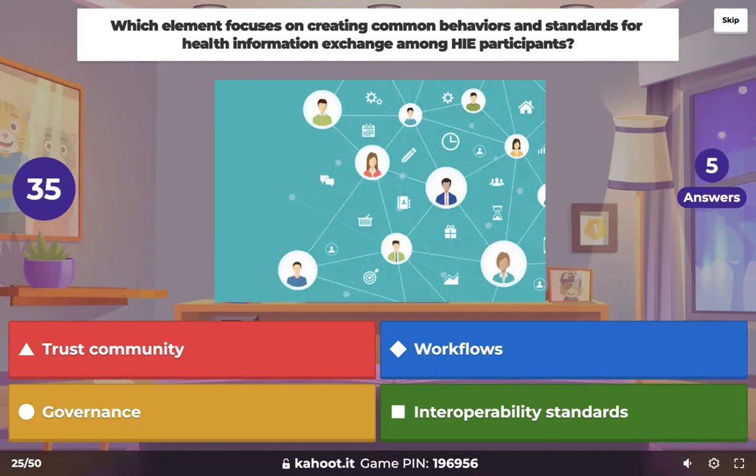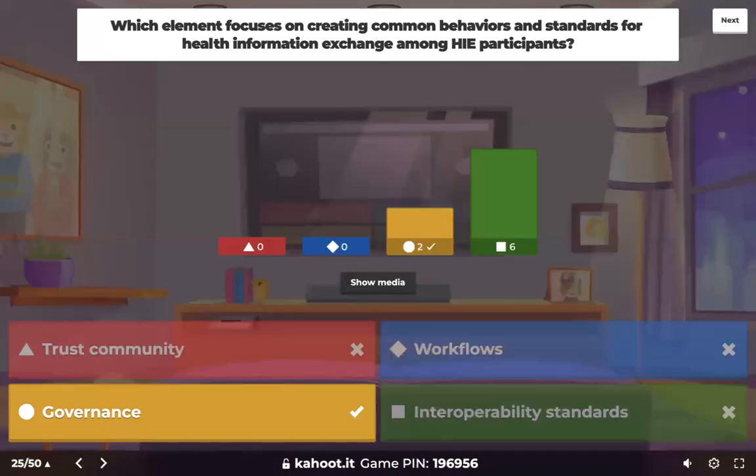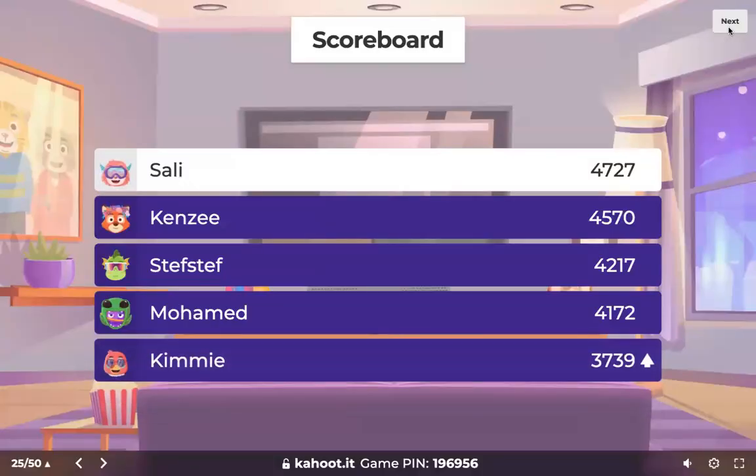We're about halfway through though, but it's still anyone's game. About 25 seconds left. All right, so only 2 of you got it right. The answer was actually governance.